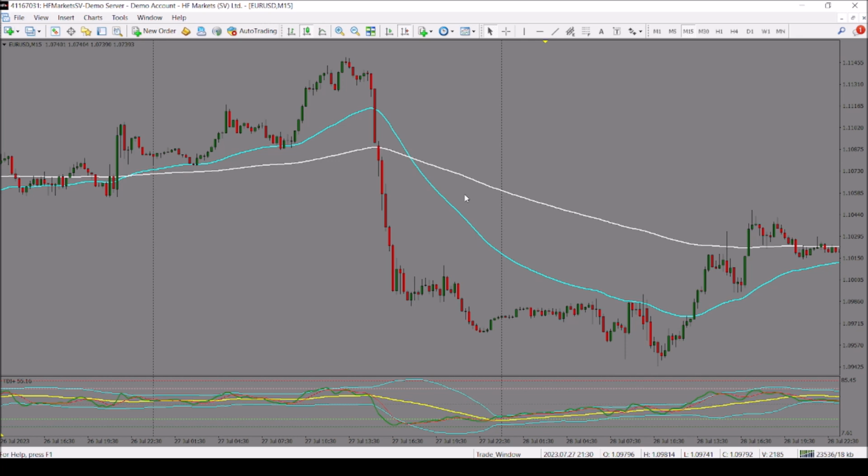So let's have examples on this particular strategy. In this case, we can see that there was a crossover of these EMAs to the downside, meaning we are in a downward trend. After determining this bias, the next thing was to look for M's at the 200 EMA region, which is the white one.